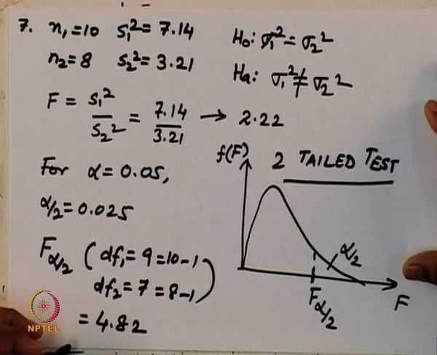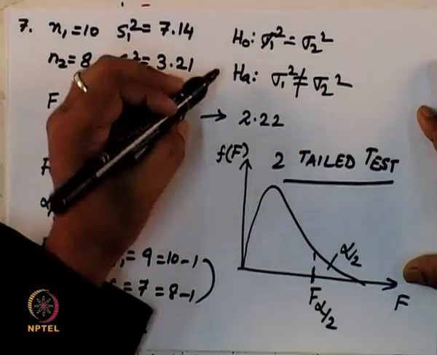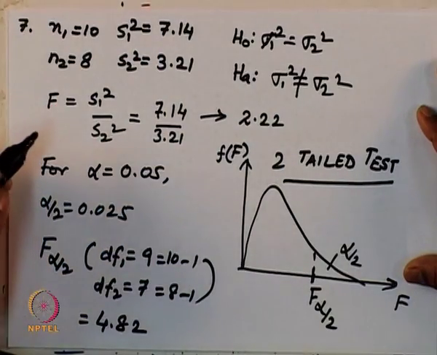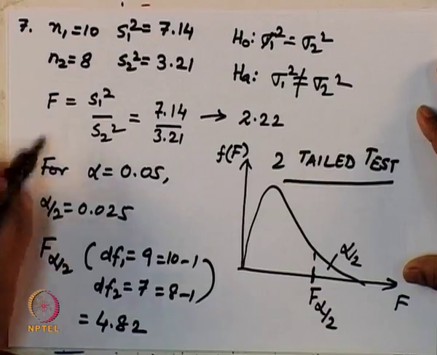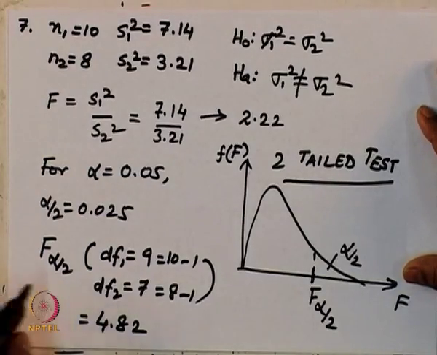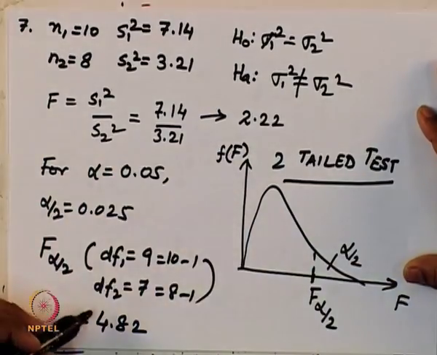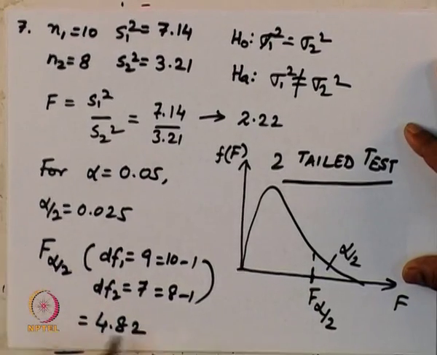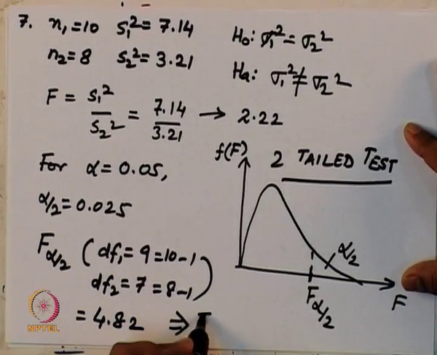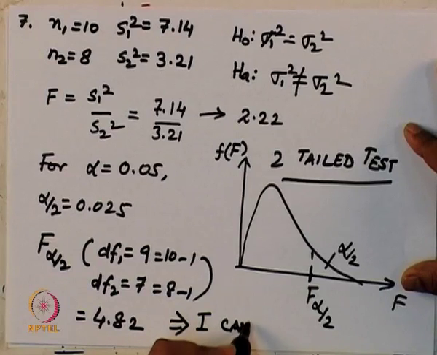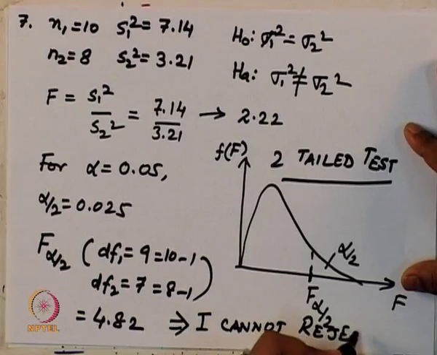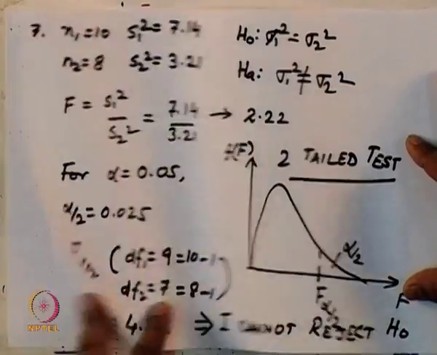So I can reject my hypothesis if this calculated value of F, 2.22, is greater than F of alpha by 2, but in this particular case 2.22 is less than 4.82. So this means I cannot reject H naught.